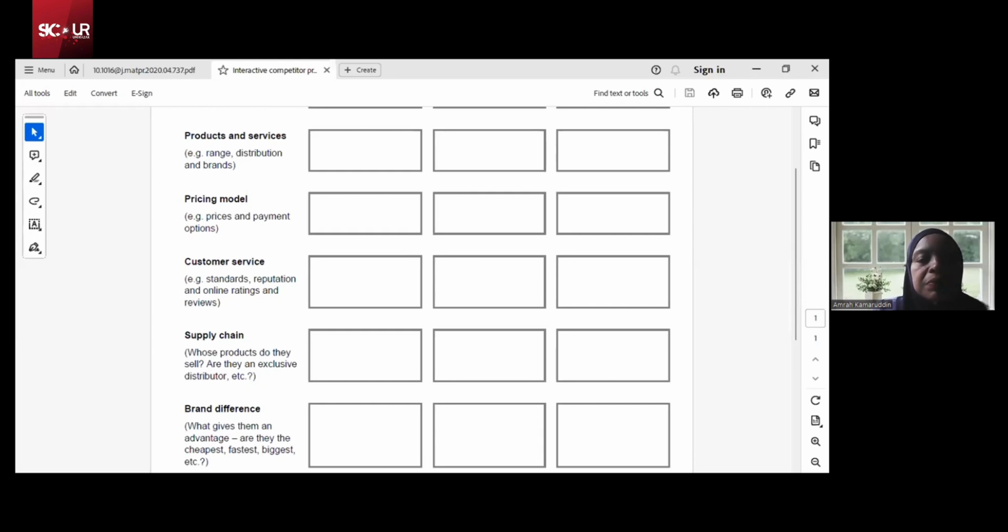This one, because that one is so complex. Competitors A, competitors B, competitors C. Okay, and then you put the element.